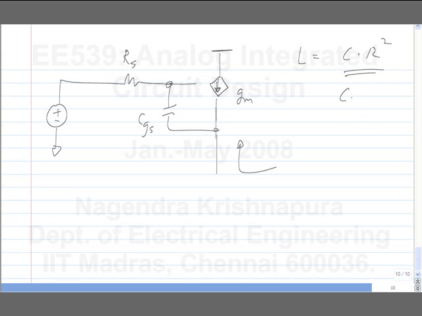So if you have variations in Cgs, Rs and Gm, it will vary the amount of inductance. Now, you either have to bias them so that the variation is small, or you have to live with variations. Those are the only two things that you can do.